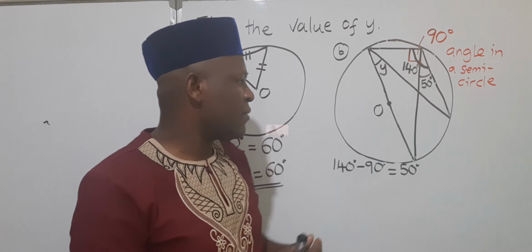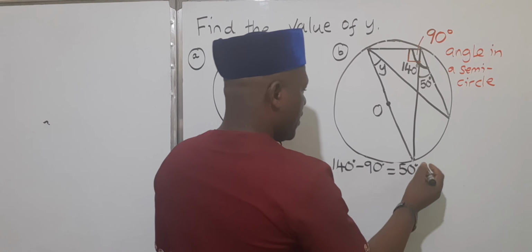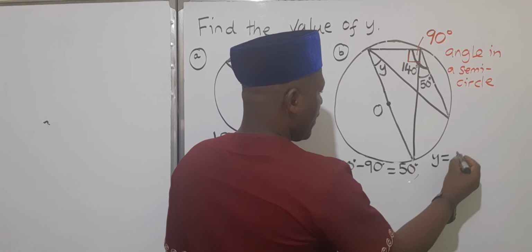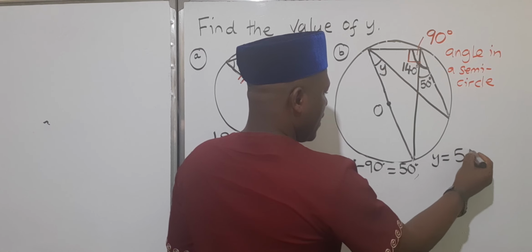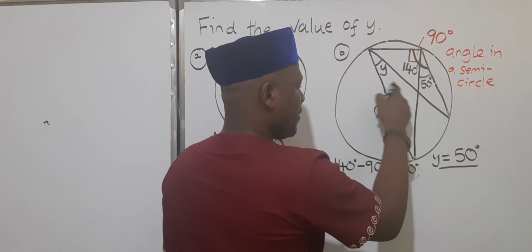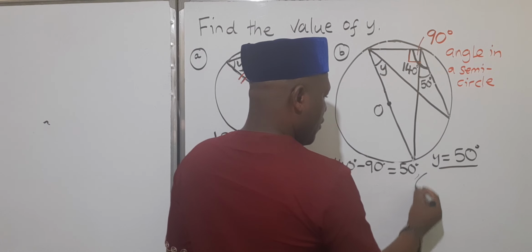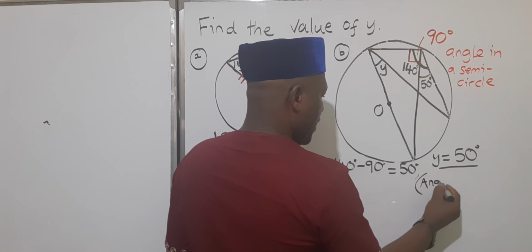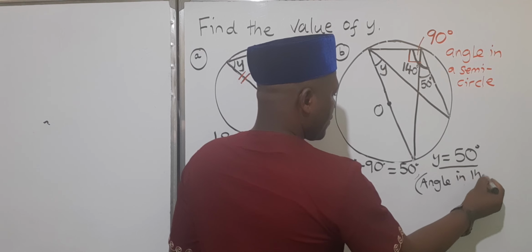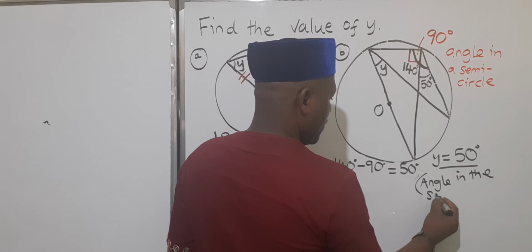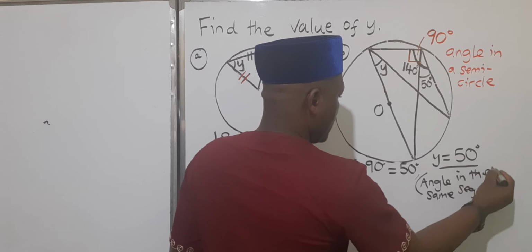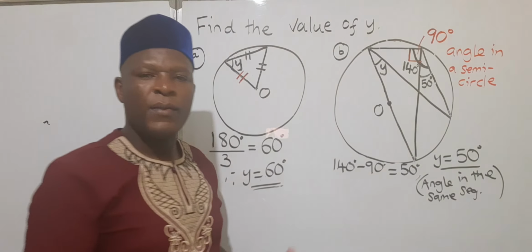Therefore, again here the value of y will be 50 degrees. You can even write this in brackets: angle in the same segment.